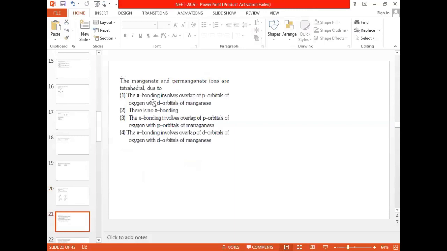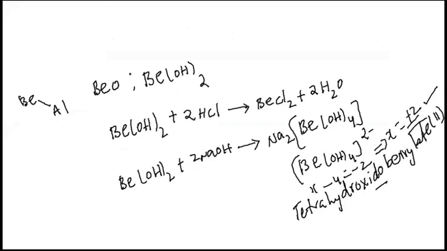The manganate and permanganate ions are tetrahedral due to what? Right. Manganate and permanganate, what do we mean? Manganate formula is what?